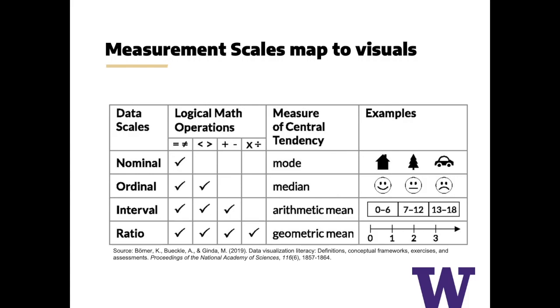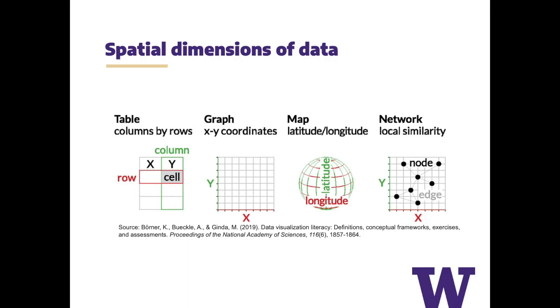And while the flavors might differ about what kind of measurement scale, we can also change how we show the data. Oftentimes, we use a table to demonstrate some organization of properties, such as observations and the variables of those observations. We can also use graphs like the X and Y coordinate that you're probably familiar with from early math courses, as well as using latitude and longitude for more geographic locations.